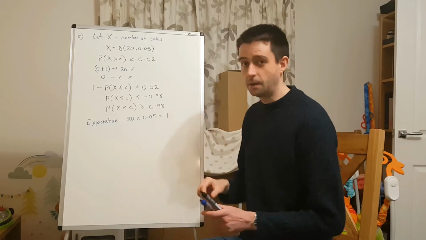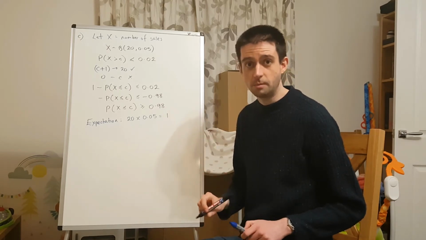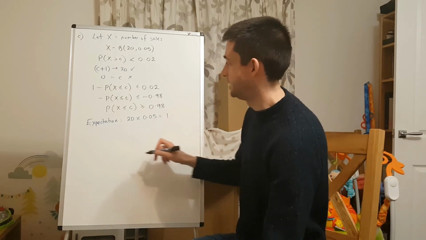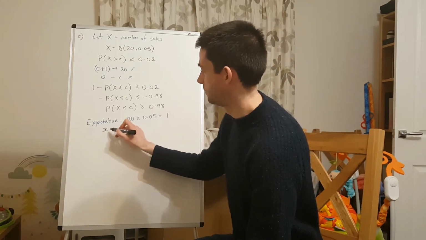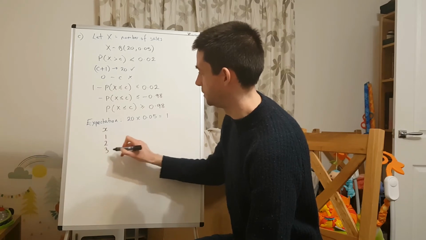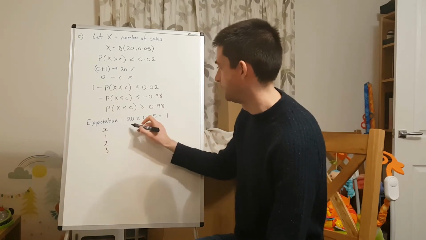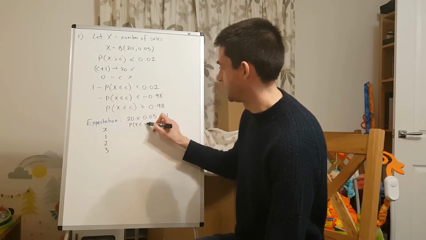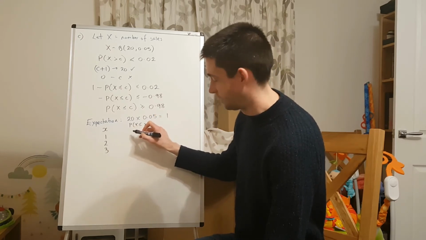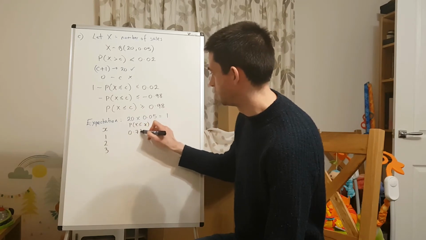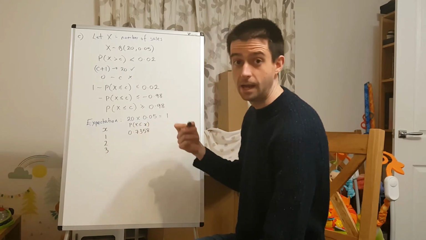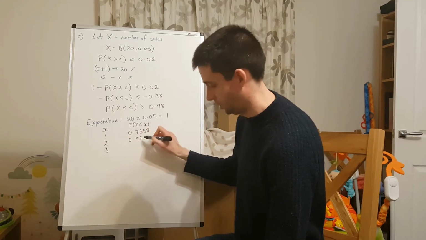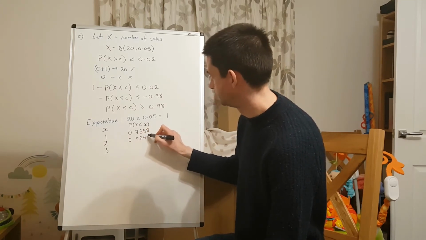So we go into the cumulative binomial list function, and we put in our values of X. I've worked out the values for X is 1, 2 and 3, and the probability of X being less than or equal to that value. For 1, it's 0.7358. If you remember, we used that in part A. For 2, it's 0.9245.